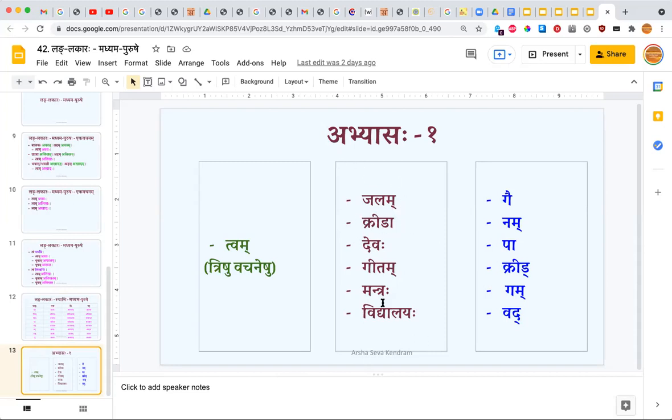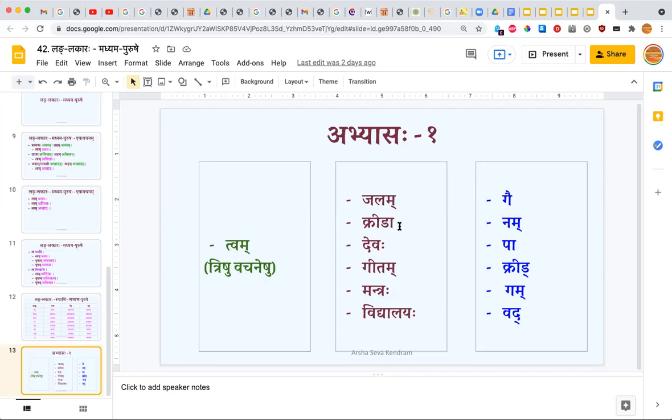Okay, forget about the middle box. We can do without the middle box also. So do the first and the third boxes. Tvam akridaha, yuvam akridatam, yuyam akridata.